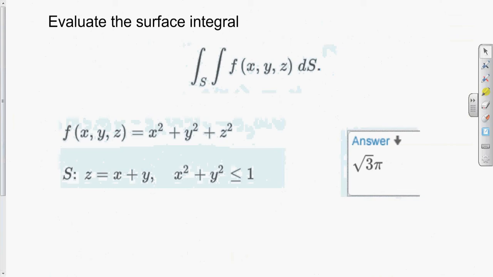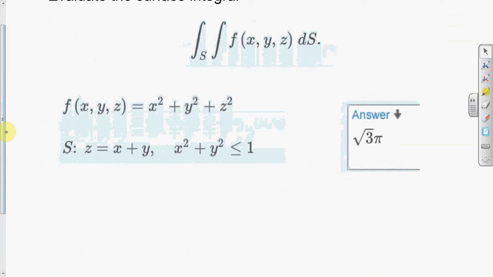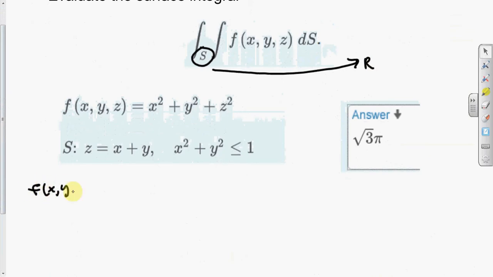So here, evaluate the surface integral. Notice that to evaluate the surface integral with respect to the surface, we have to reduce this to the region. That means that f of x, y, z needs to be written as f of x, y, g of x, y. So this is x squared plus y squared plus x plus y, quantity squared, because z is equal to x plus y.